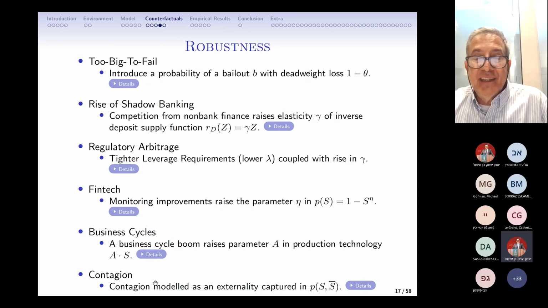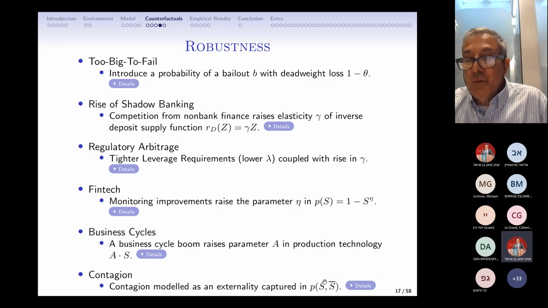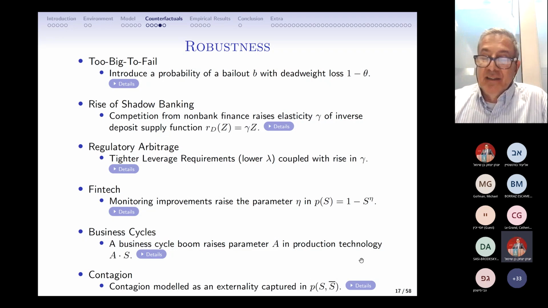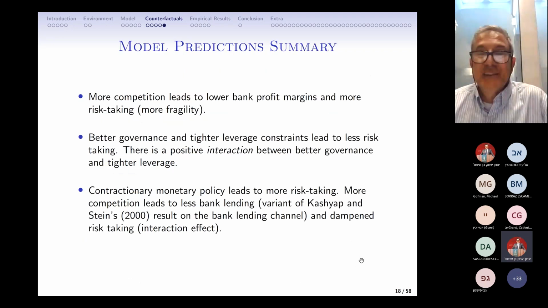And given what just happened with SVB and spillovers, one way to think about spillovers in this context is to expand the model so that my choice of riskiness also depends upon what other banks are doing, and you can get these contagion externalities that arise. I don't have enough time to go into that.